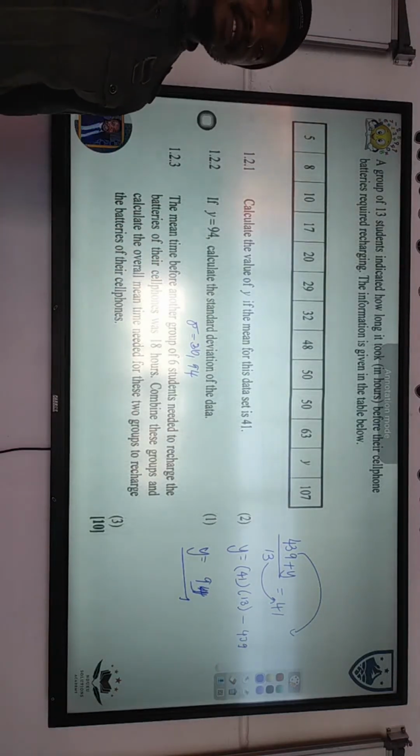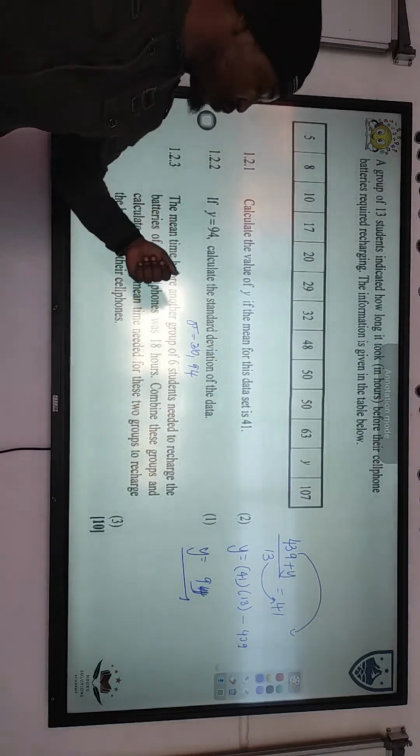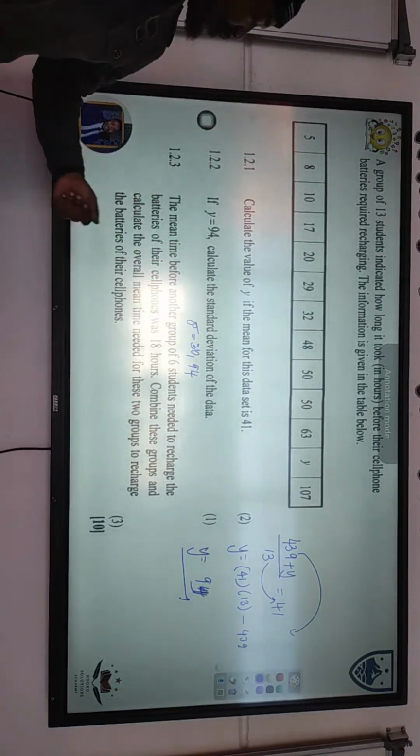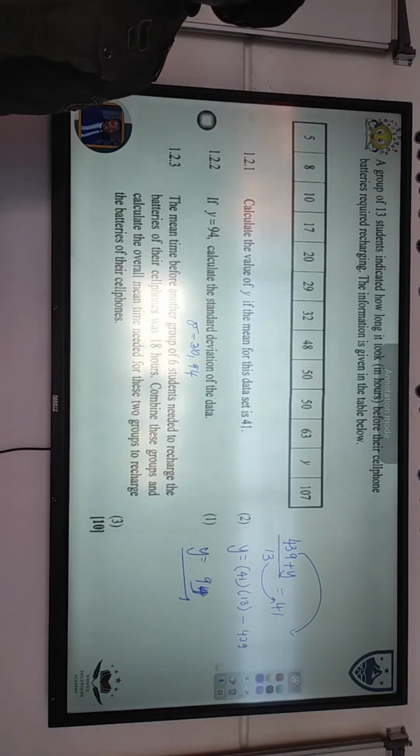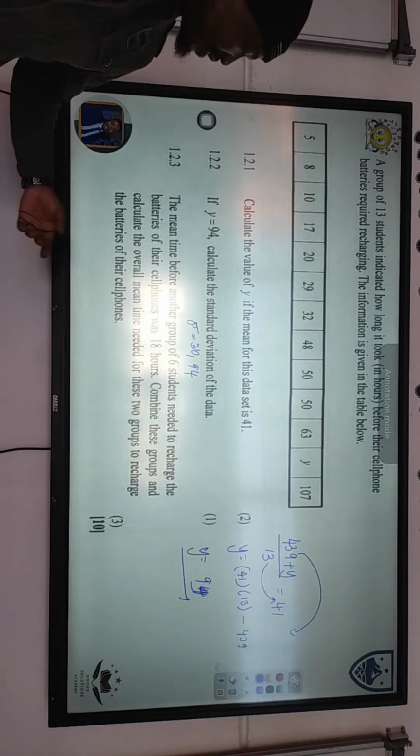The next question says the mean time before another group of 6 students needed to recharge the batteries of their cell phones was actually 18 hours. Combine these groups and calculate the overall mean time needed for these 2 groups to recharge the batteries.